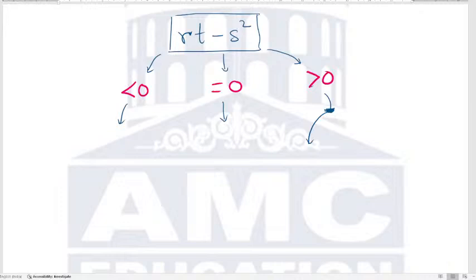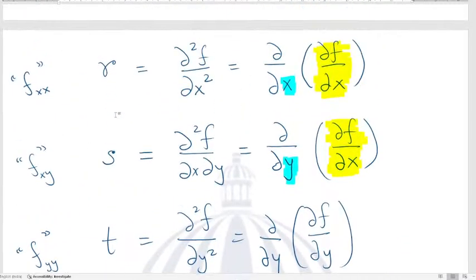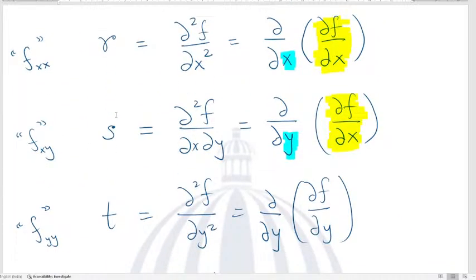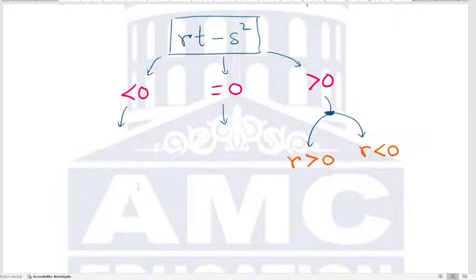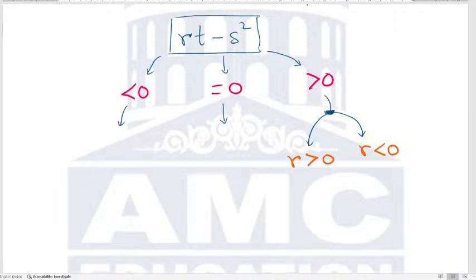The subparts are based on whether the value r is greater than 0 or less than 0. Again, what is r? r is ∂²f/∂x², that is fxx. This is r over here. So we are going to identify what happens when r is less than 0 and when r is greater than 0.